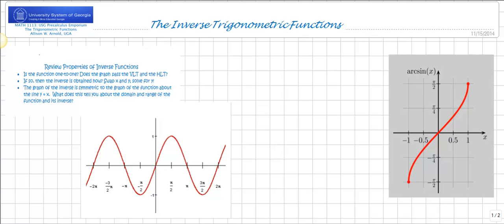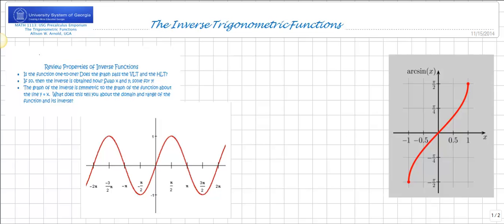See the review to the left. I've given you some questions to think about. If a function is going to have an inverse, then it needs to be 1 to 1. So the questions you ask yourself are, does the function pass the vertical line test? Does it pass the horizontal line test? If it does, then how do you get the inverse?